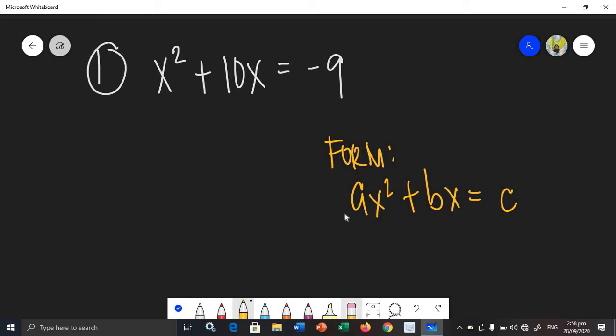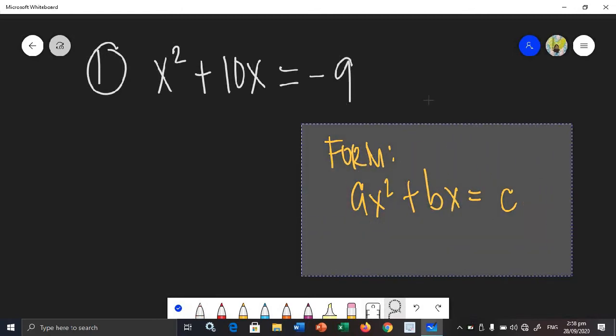So, parang ito, imagine niyo halimbawa si 9 nandito sa left side, ayan yung standard form, di ba? So, para magamit niyo yung completing the square, you need to transpose 9 to the right side. So, yun lang yung ibig kong sabihin. Kasi kailangan in the form ax squared plus bx equals c. Ganun dapat siya. Okay? For you to be able to use completing the square.